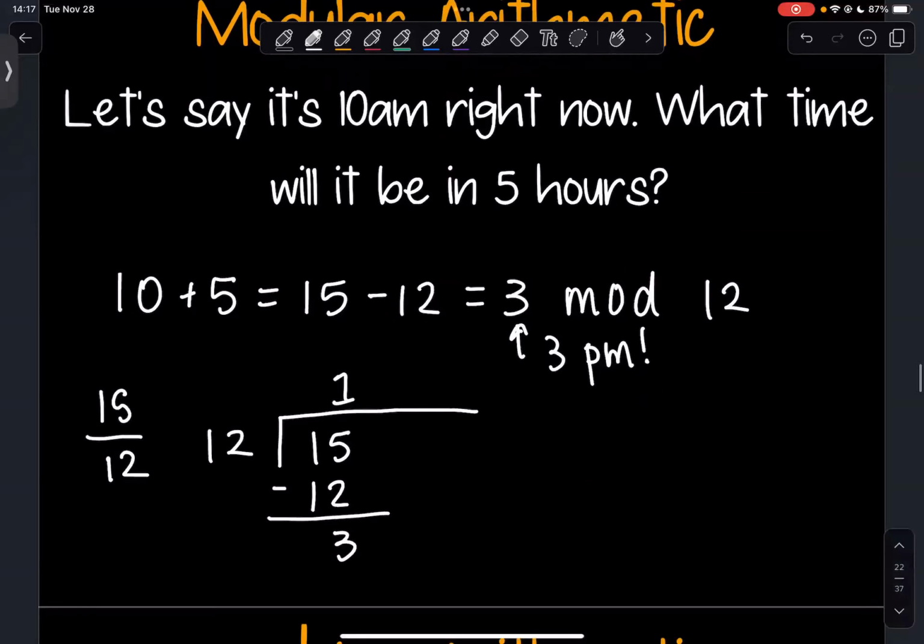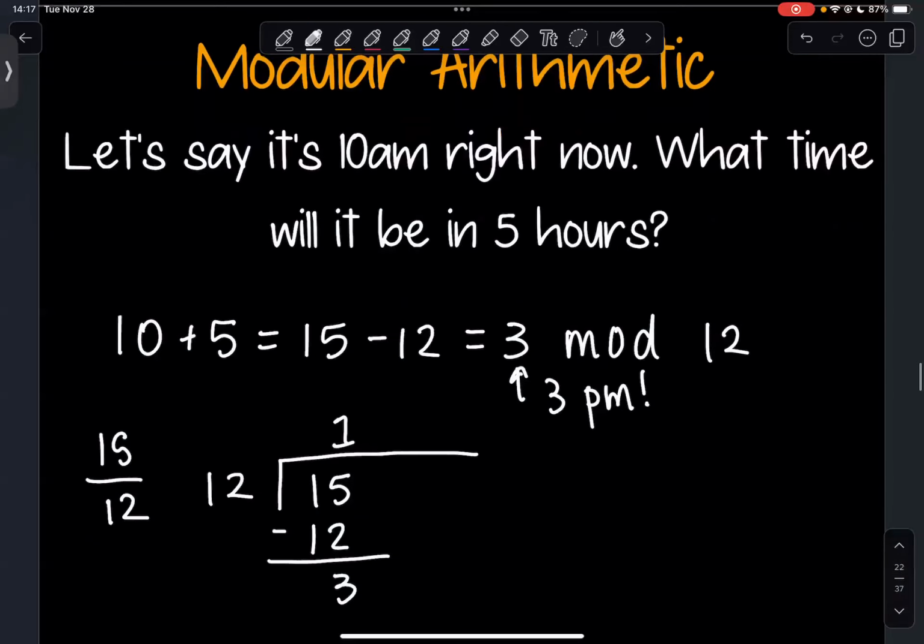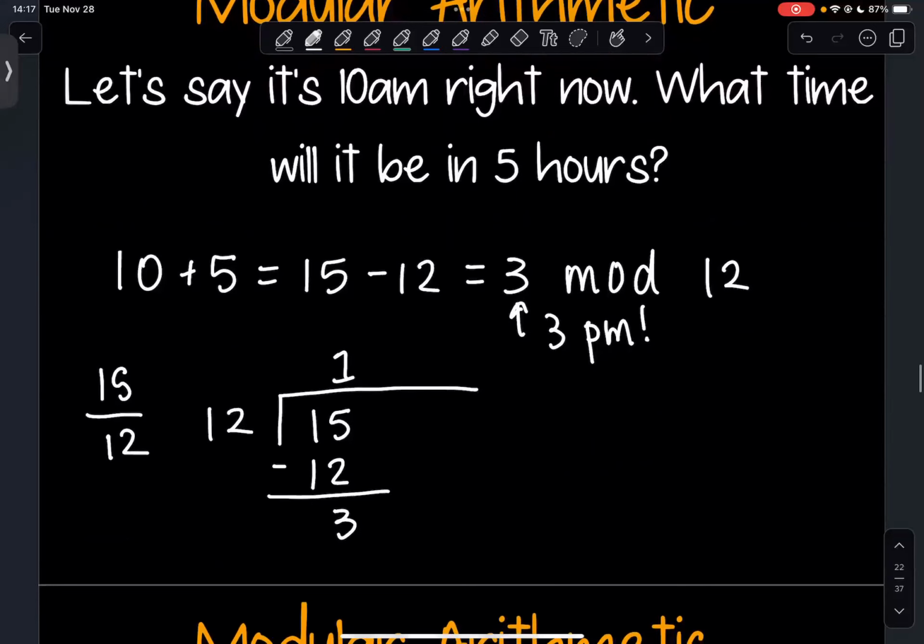I don't have any other placeholders showing up after my 15, so I don't have to bring anything down. And really, I know I can stop because what's left over here is less than 12. This is my remainder. So I can think of 1, remainder 3 as my answer.